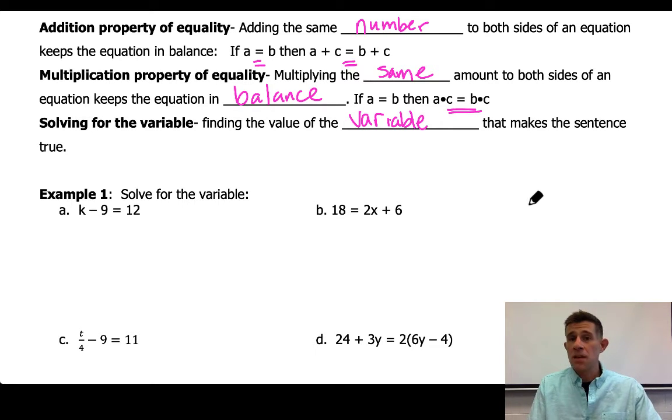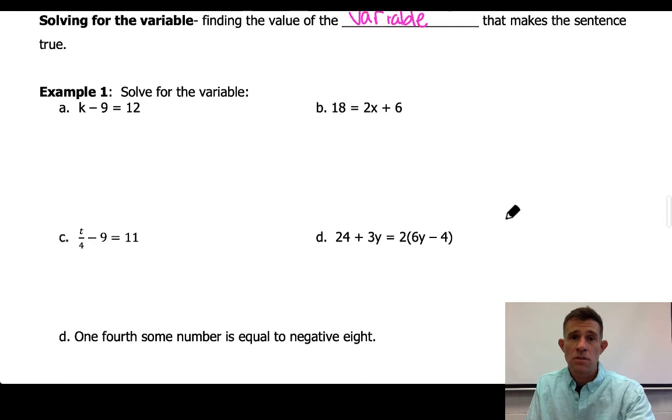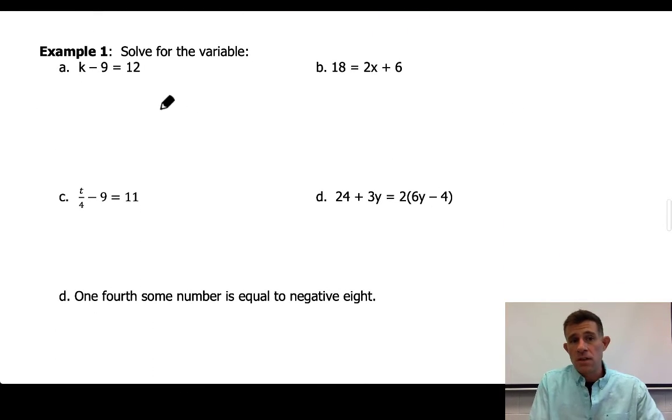So let's do some examples here of solving equations. And I'm going to use some of the terms that we just learned. Here's an equation that says k minus 9 is equal to 12. This is an equation. There's an equal sign. Now, in order to solve for the variable k, I need to get k by itself. So on this side of the equal sign, I have k that's being subtracted, that we're subtracting 9 from k, and over on the other side I have 12.